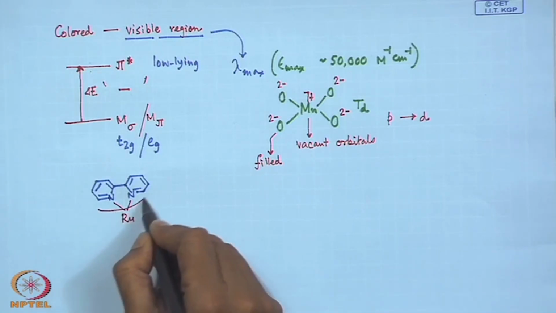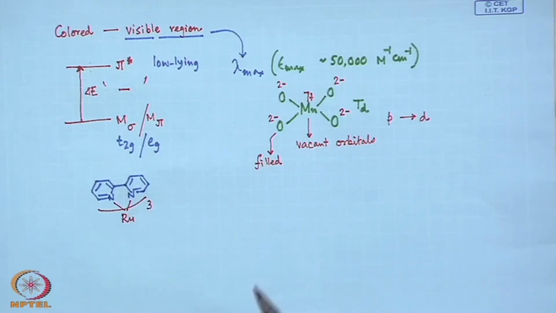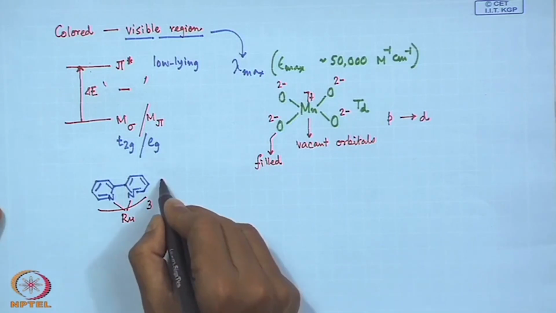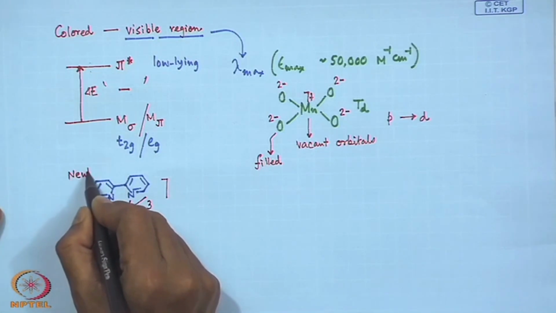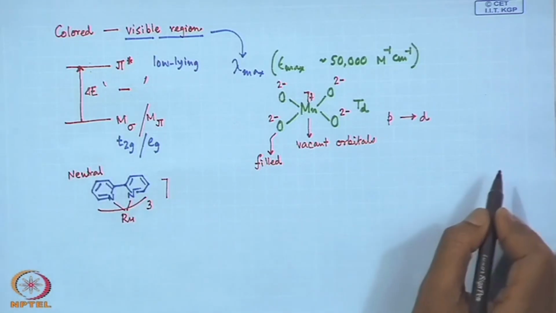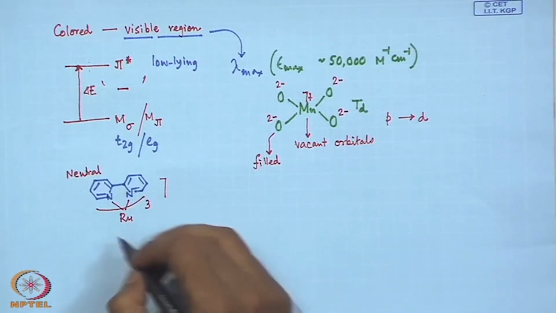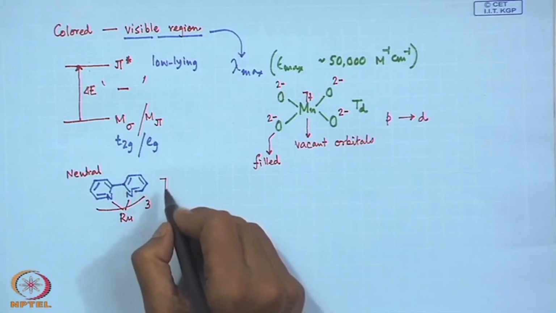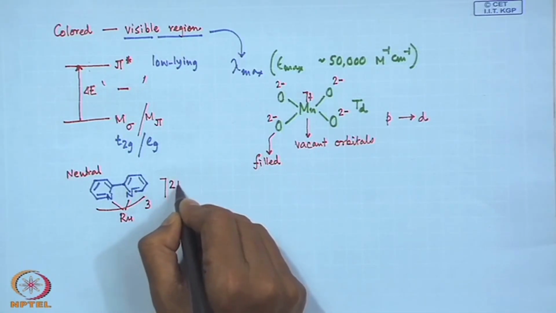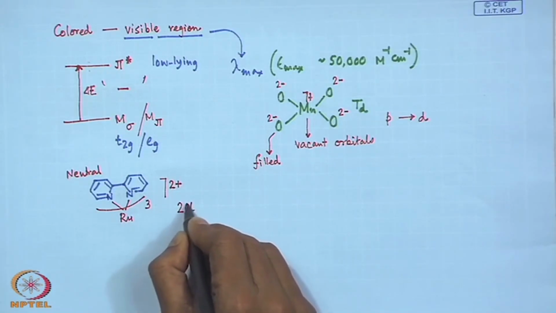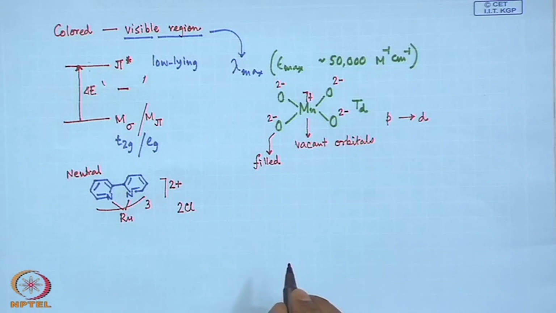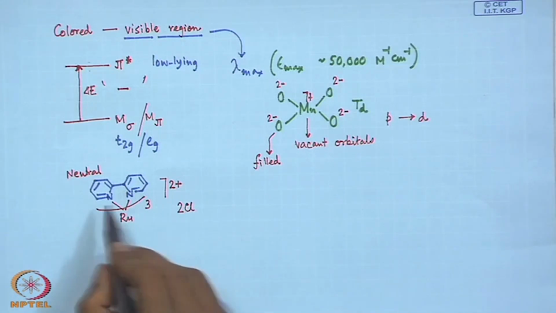So, 3 such ligands are attached to ruthenium, and these are all neutral. So, from the point of view of any other charge separation, that is not taking place during complexation, and the overall charge of the complex would be 2+. That is why we have 2 counter anions as the chloride anions.